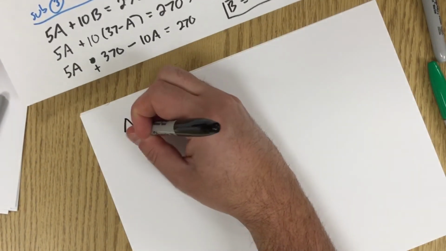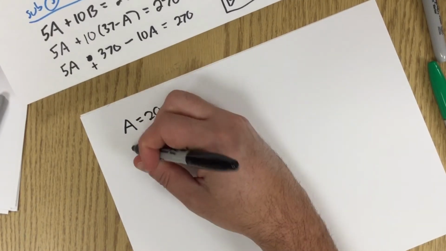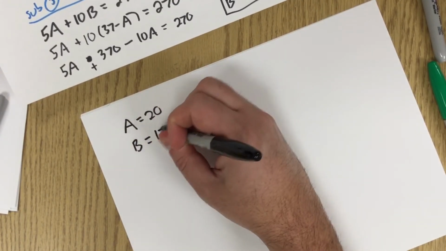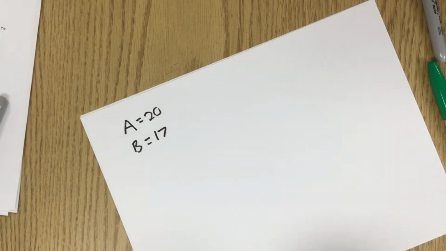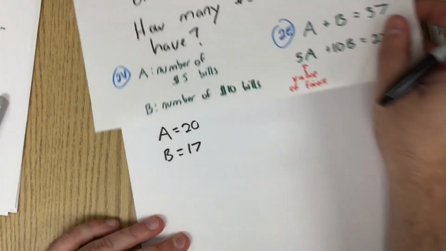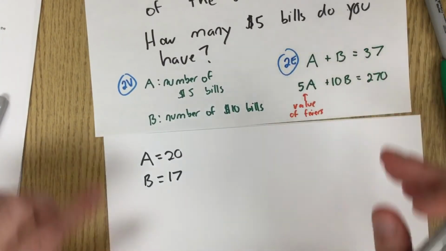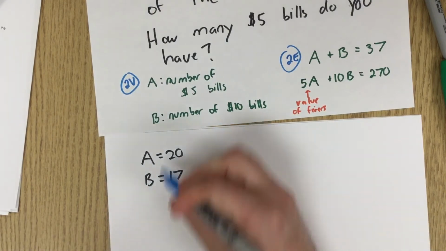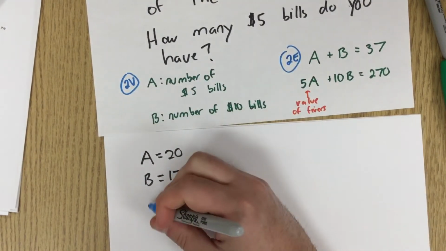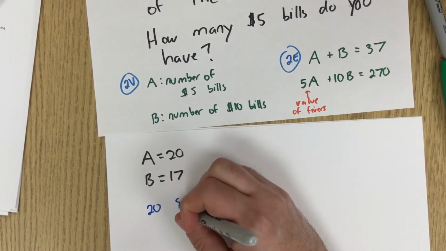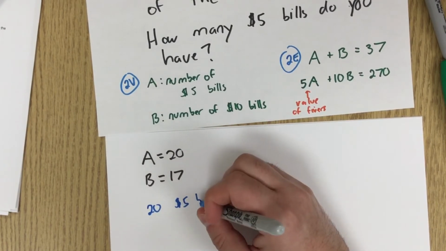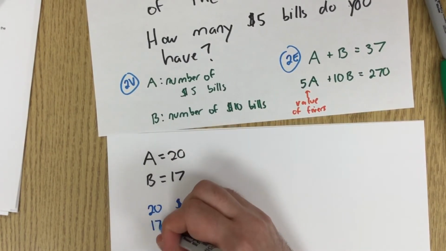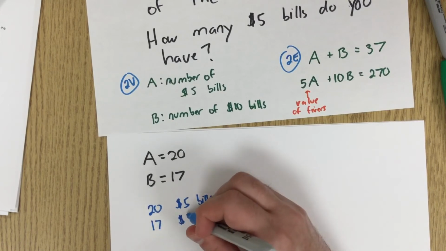We're not quite done. What we know is that the solution is a equals 20 and b equals 17. If we go back to the original problem, a is the number of $5 bills and b is the number of $10 bills. So what we actually have is 20 $5 bills and 17 $10 bills.